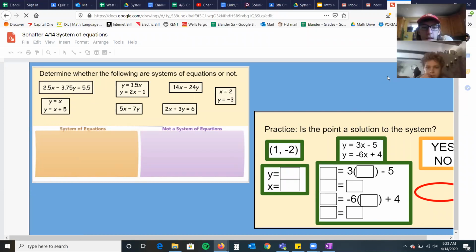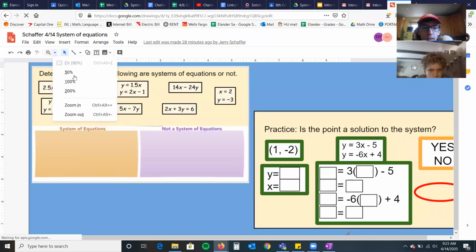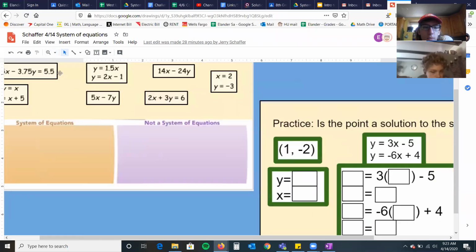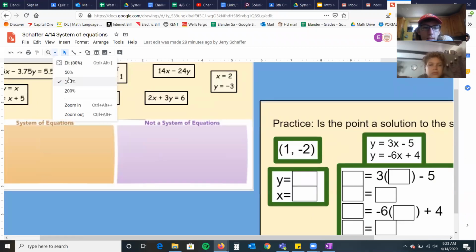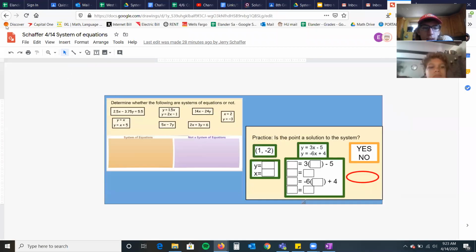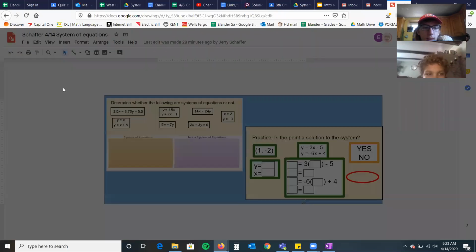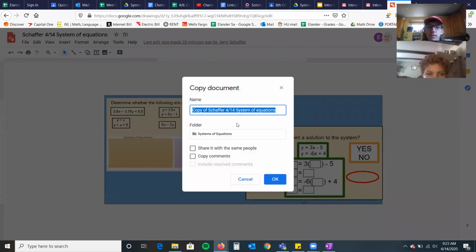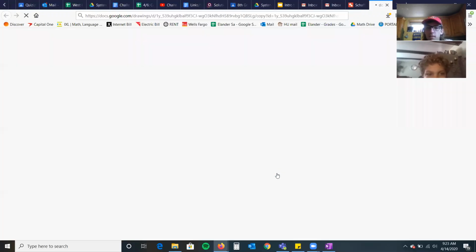Okay, and so I see I've got a couple slides. I can zoom in as I need to. But before I do any of that, zooming in and writing on it, I need to click File, Make a Copy, and I'm just going to say Elander 414 System Equations. Okay. And it just makes it your own.